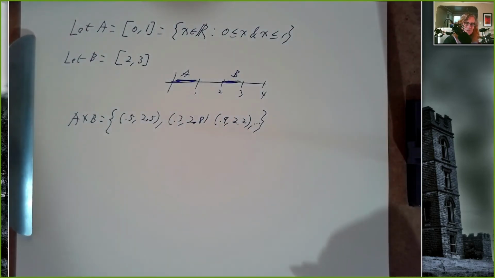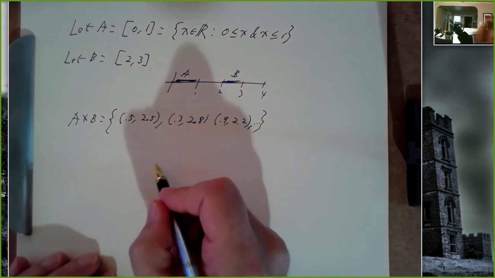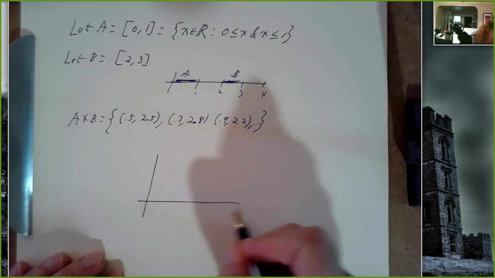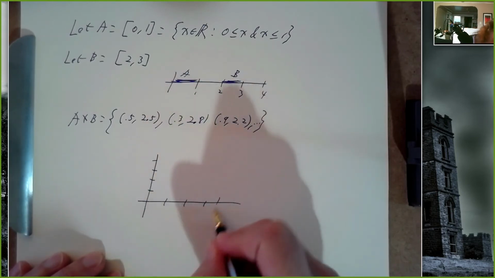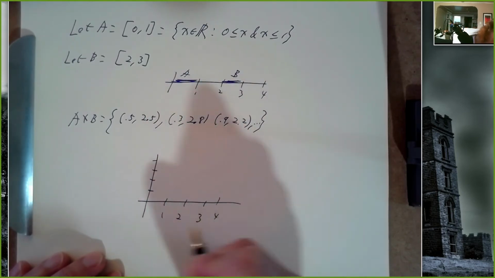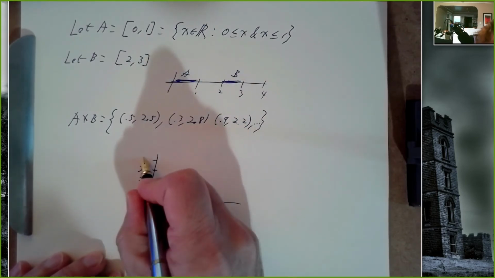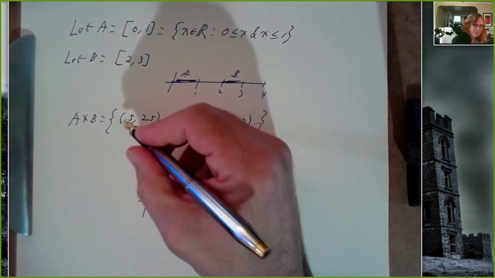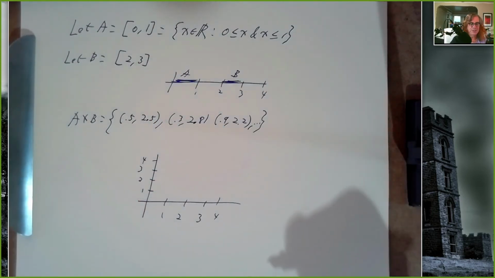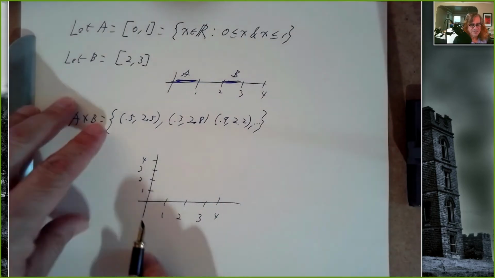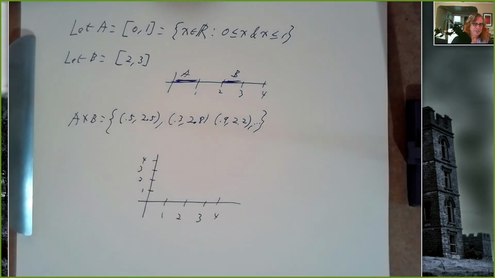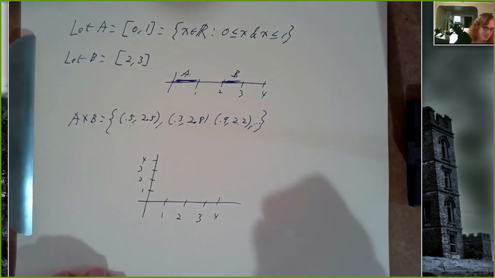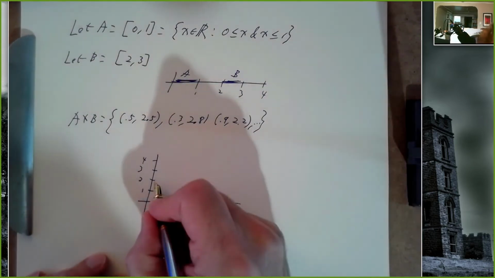But there's an easy way to represent those on a real number plane. I can represent each of these ordered pairs as a point in this plane, where the first number is how far I go over in X, the second number is how far I go up in Y. And it turns out the cross product of these two intervals is going to look exactly like this.